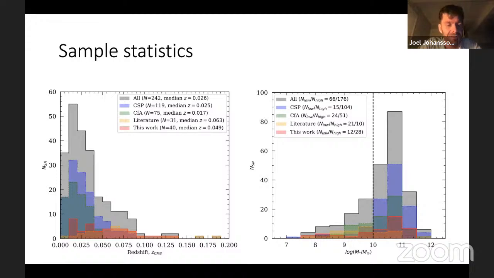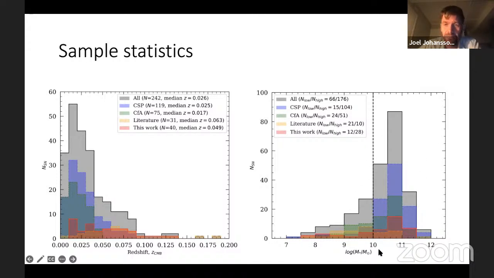We have a more modest approach in the sense that we followed 40 supernova, but we tried to push the redshift range to go a bit further out. We also tried to be less biased towards finding supernova in massive galaxies.